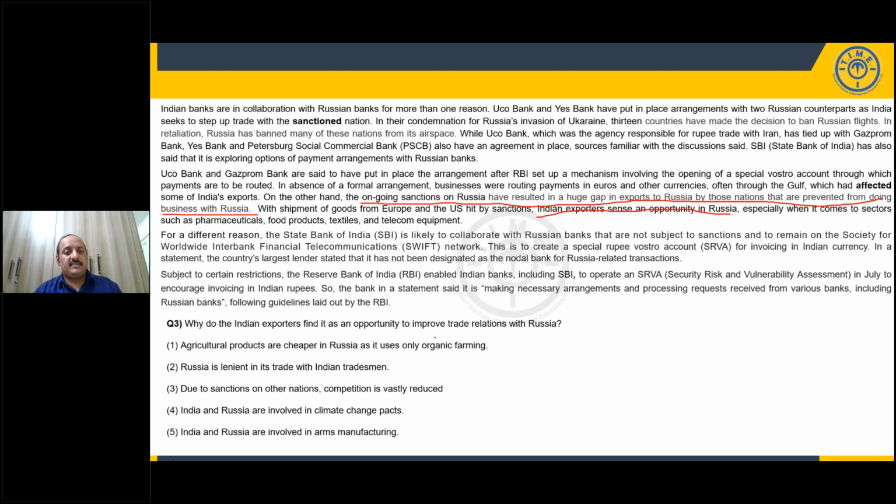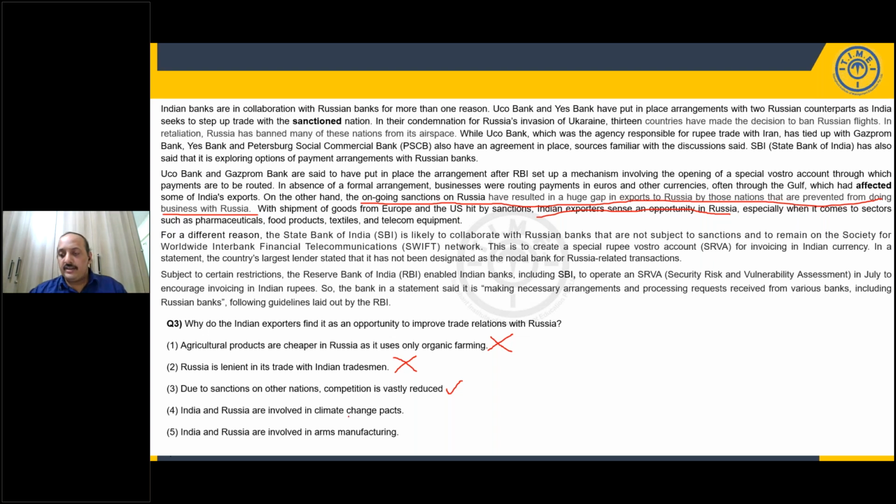Agricultural products are cheaper in Russia as it uses only organic farming. No, that's totally out of context. Russia is lenient in its trades with Indian tradesmen. That's also not covered. Due to sanctions on other nations, competition is vastly reduced. Yes, as there is a sanction, there is a gap in the exports. Other countries are not able to do business with Russia. So India is sensing an opportunity out there.